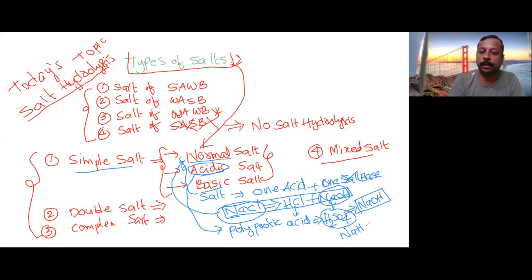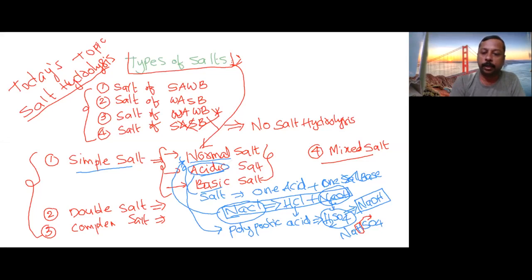This is called acidic hydrogen. I will mark it so that you can understand clearly. See, there is still acidic hydrogen left over here. Because of this acidic hydrogen, this complete salt is called an acidic salt.